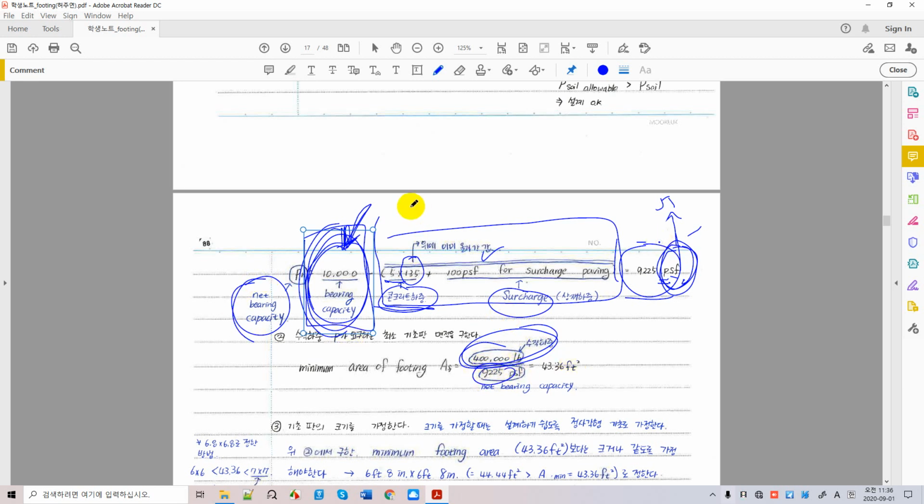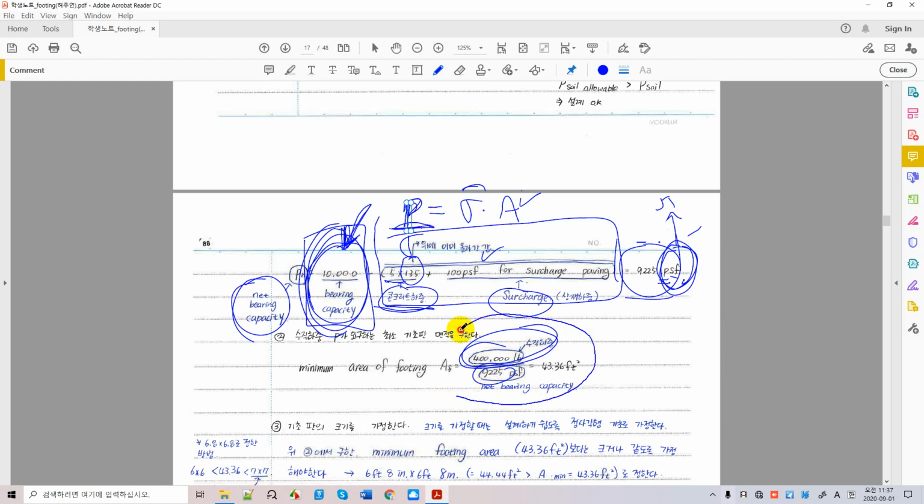See, your force P equals stress times A. So we know this is the net bearing capacity, so the required area of the foundations can be easily calculated by dividing the loading over sigma, which is the net bearing capacity.